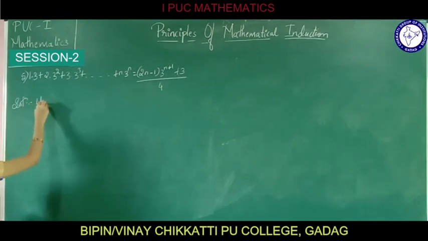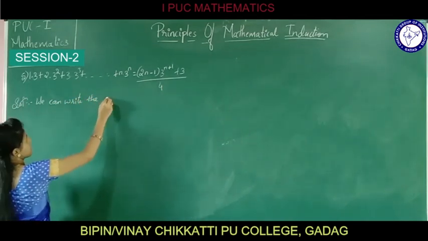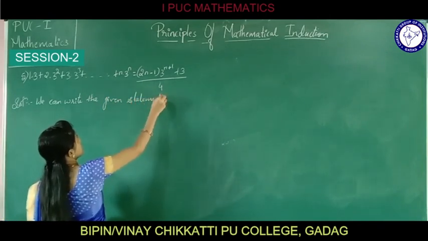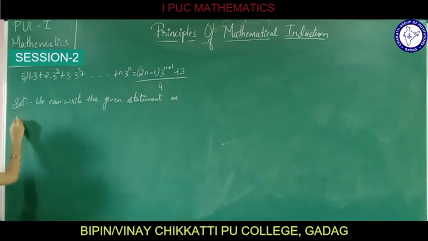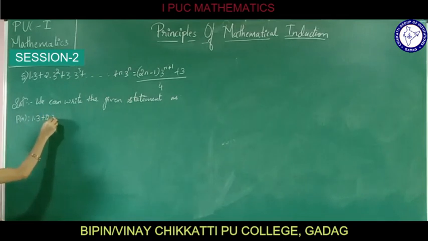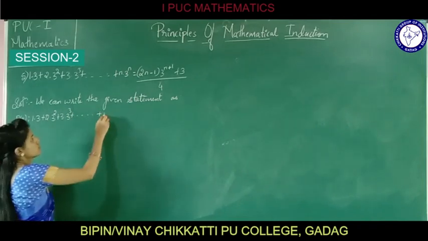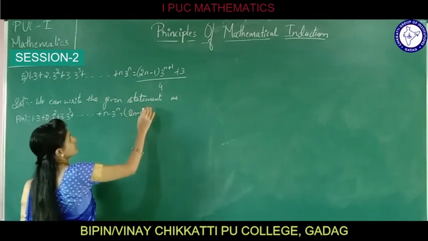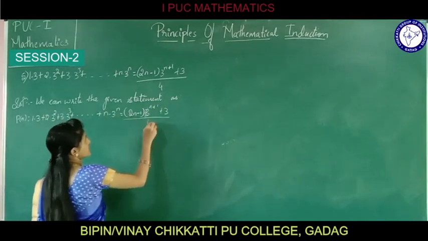We can write the given statement as P of n such that 1 into 3 plus 2 into 3 square plus 3 into 3 cube plus so on up to n into 3 raised to n is equal to 2n minus 1, 3 raised to n plus 1 plus 3 divided by 4.